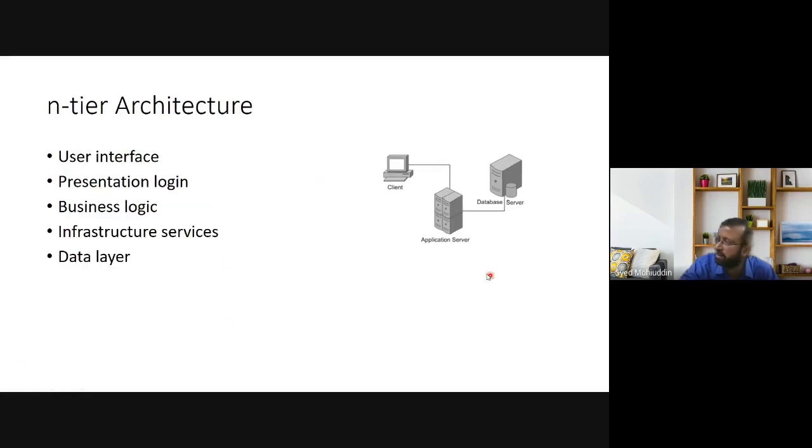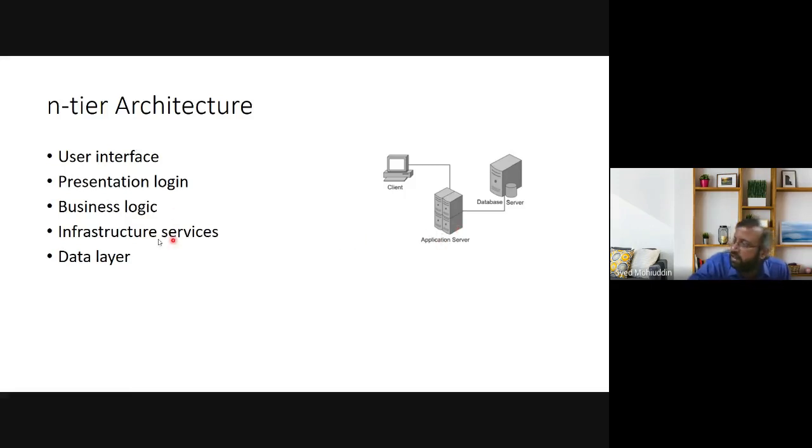And even in the enterprise architecture, there can be multiple clients connecting to the application server. But here we call it enterprise because it's a combination of two-tier architecture and three-tier architecture. In two-tier also we have a client, but the client performs the entire application. The server only handles the database access.